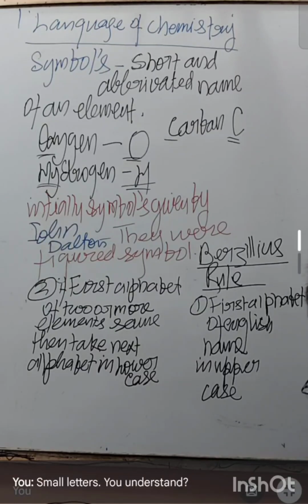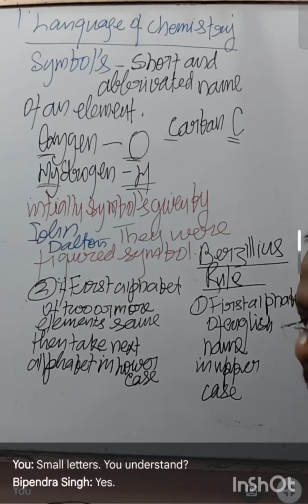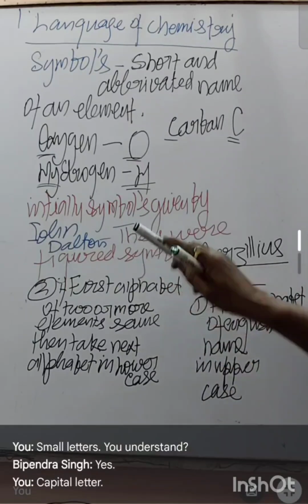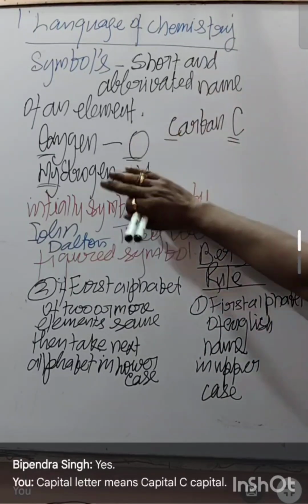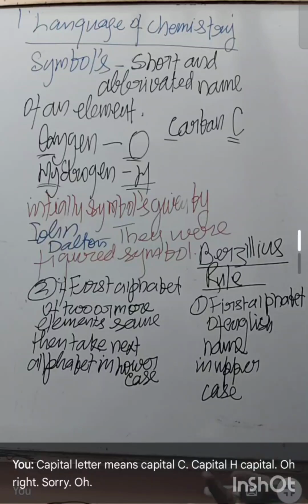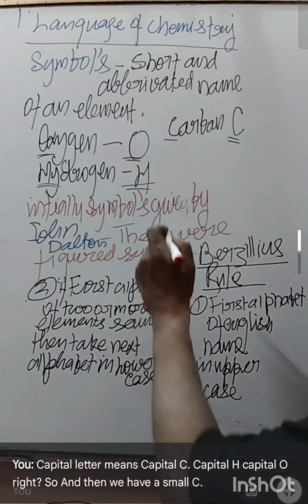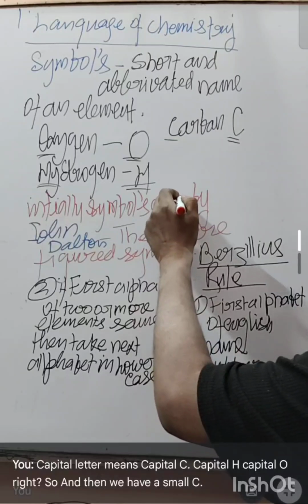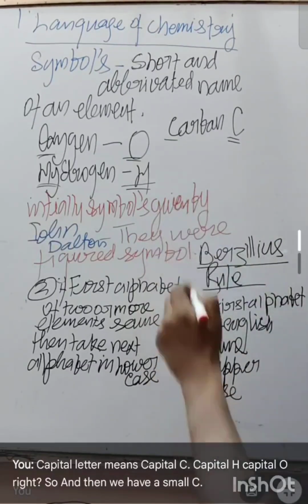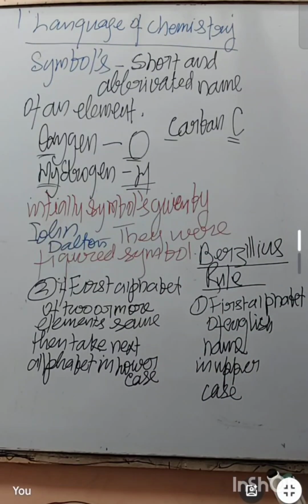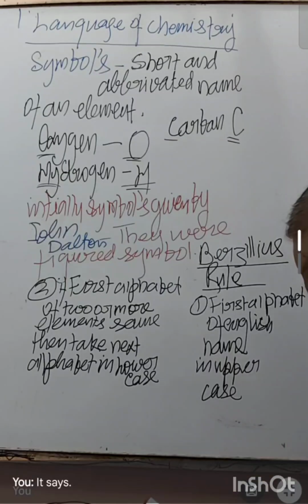You understand? Capital letter means capital C, capital H, capital O, right? And then we have a small c.